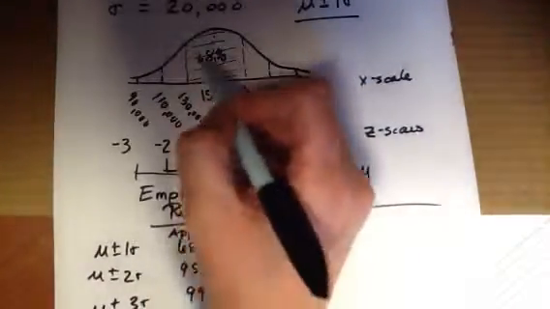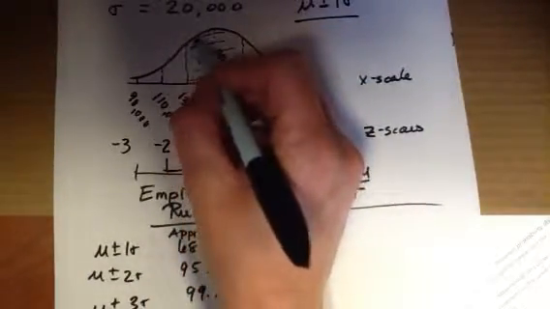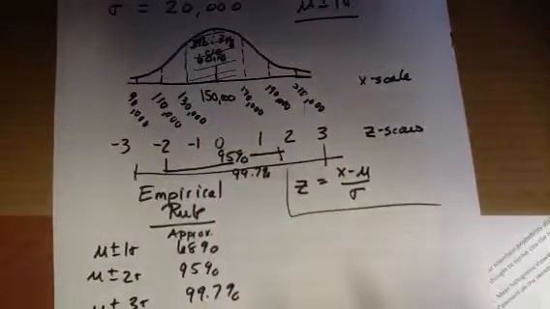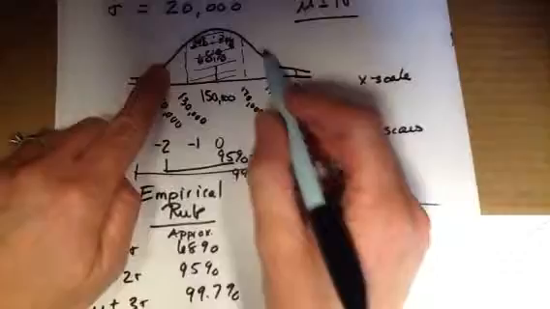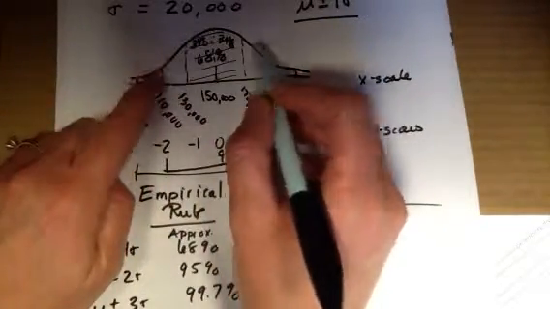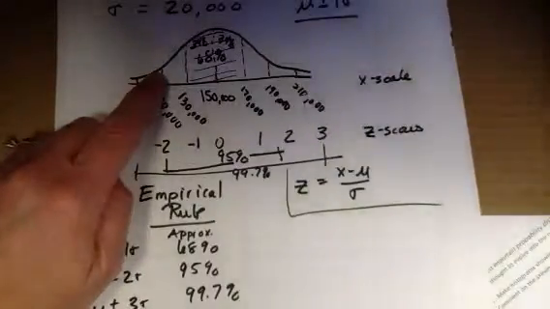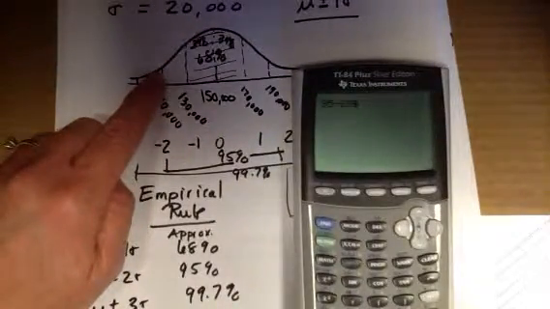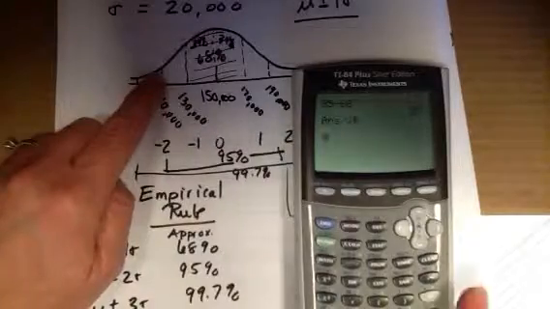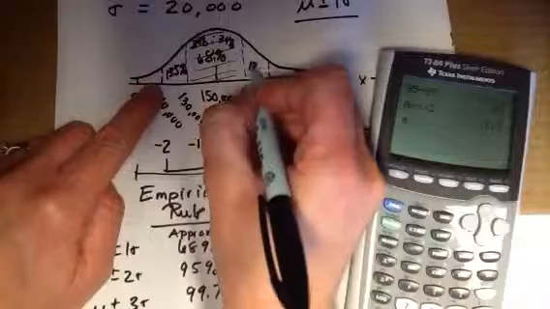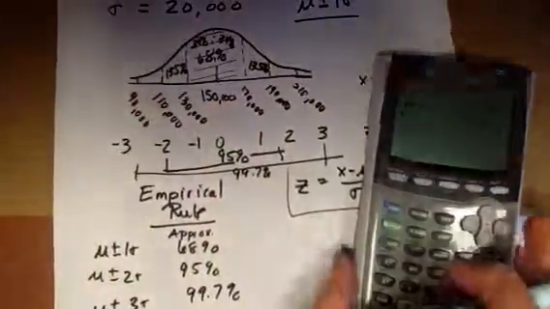If this is 68%, I know that this is 34% and this is 34%, right? Same thing is true if you know this distance here is 95%, I can find these two chunks by saying 95 minus 68 divided by 2. I think Dr. Mosley shows this a little better in the video. So 13.5% of your data is here and 13.5% here. Make sense?